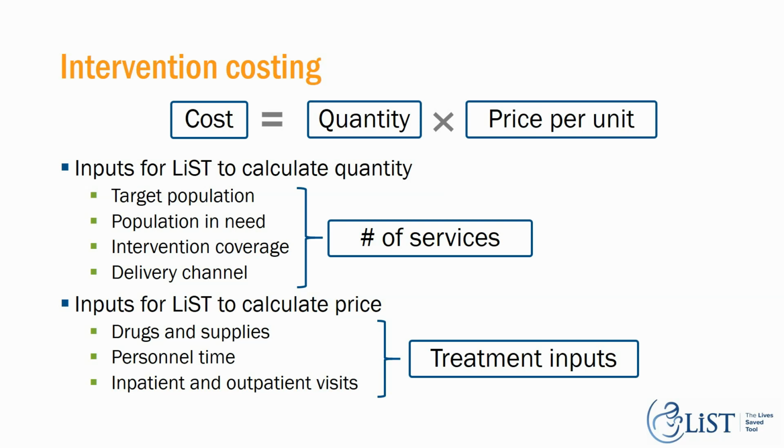In order to calculate the price, we need to know information about the drugs and supplies required per instance of the service, how much time we need of each different cadre of healthcare worker and how much that costs, and finally how many inpatient and outpatient visits are required for one case. And all of that together leads to our treatment inputs.